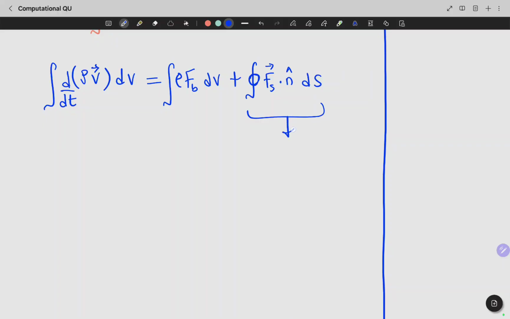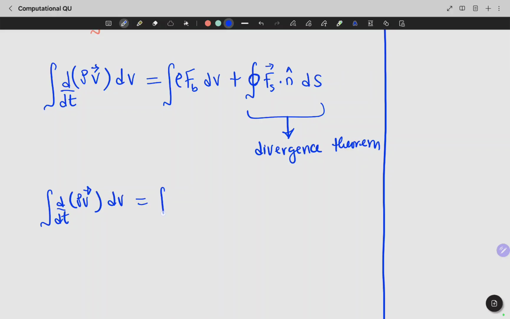Exactly the way we did the other time, we are going to apply the divergence theorem. And you end up with d by dt of the integral of rho v dv equals the integral of rho fb dv plus the integral of the divergence of fs dv.